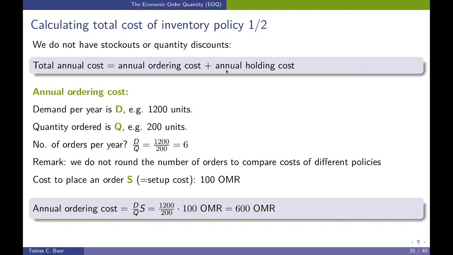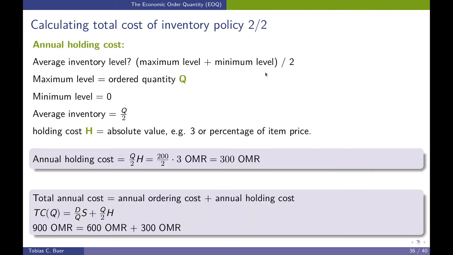Okay, now let's check the second part, the second term, the annual holding costs. How do we calculate the annual holding cost? To start with the annual holding cost, we need to know the average amount of inventory, the average inventory level. And because our demand is constant, you saw this line going down, we just need the maximum level plus the minimum level and divide this by 2.